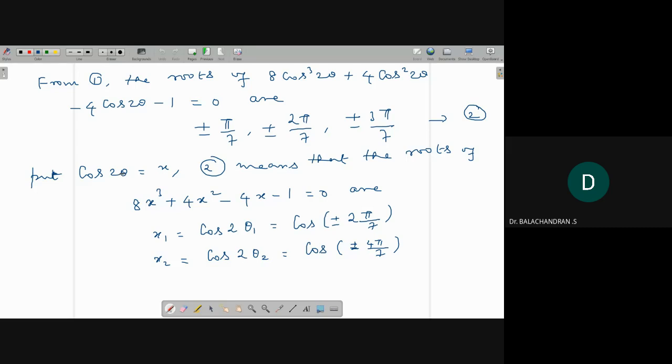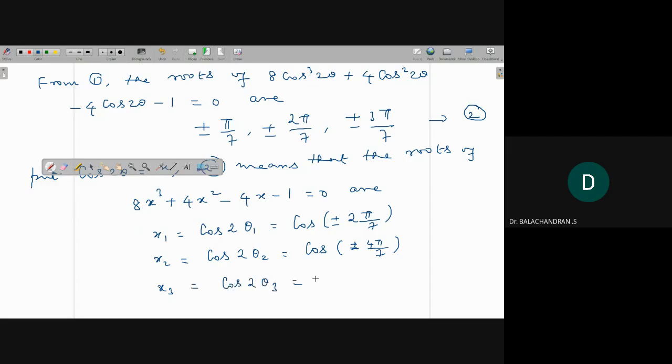That's why I put cos 2 theta equal to x, and then I got the equation. Now the roots of these equations are x1, x2, x3. So x1 equal to cos 2 theta 1, and I took theta 1, theta 2, theta 3. So now x3 equal to cos 2 theta 3 equal to cos plus or minus 6 pi by 7.